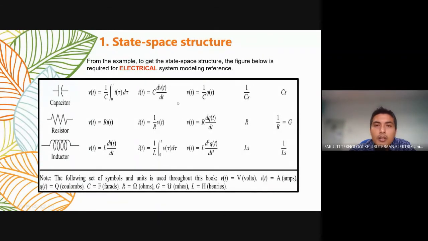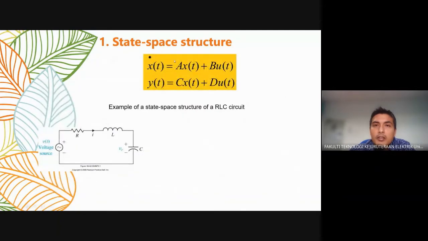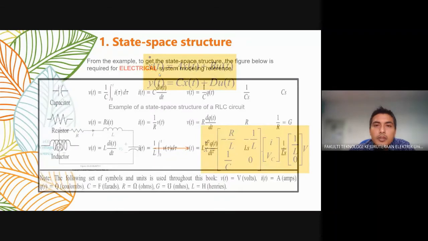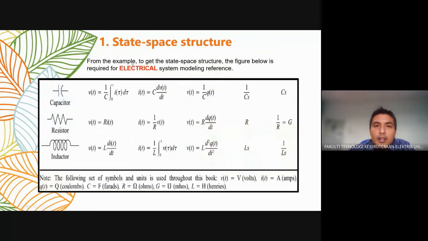For sure, your x dot for the state space equation will always be the current of the inductor and the voltage of the capacitor.